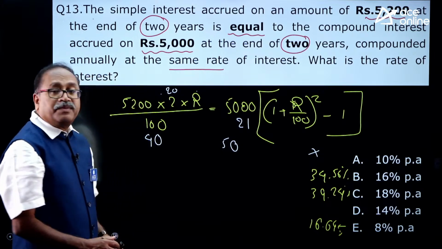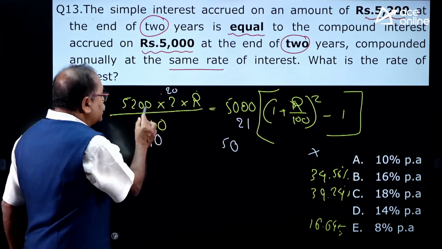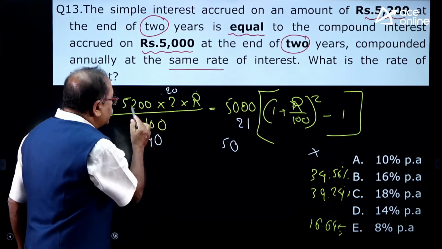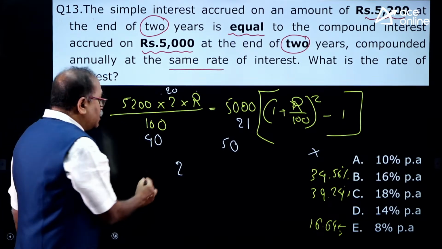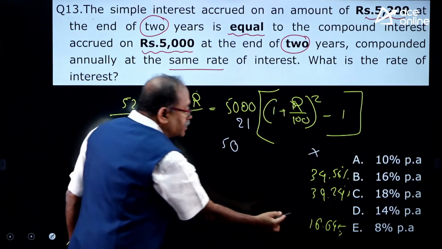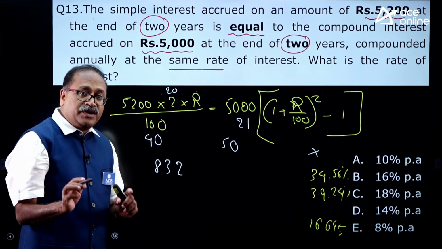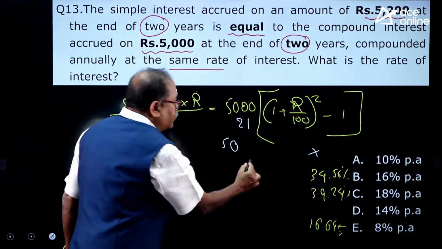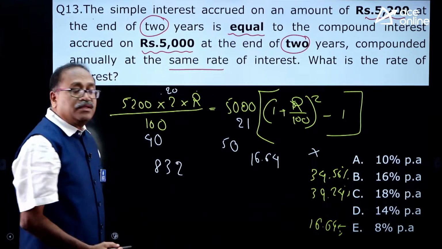If we pick up the 8% there, 8 twos are 16, and in 16 you see that 2 zeros get cancelled, and 16 2 is 32, carry 3, and 16 5 is 80 plus 3 is 83. If you go for 16% for 2 years, that is a 16.64 compound interest, all of you must be knowing. Then if I go for 16.64%, am I getting this number?